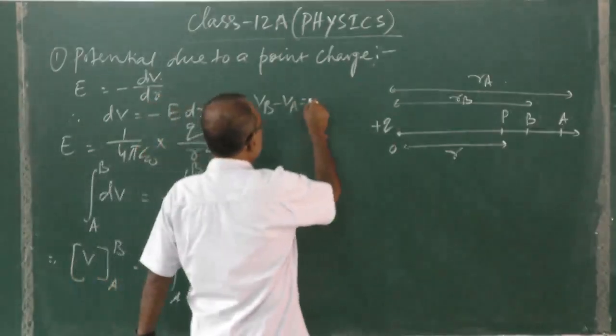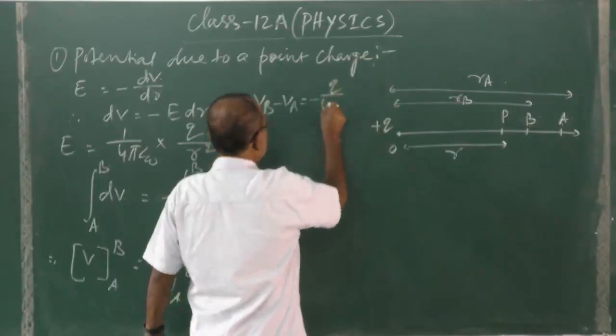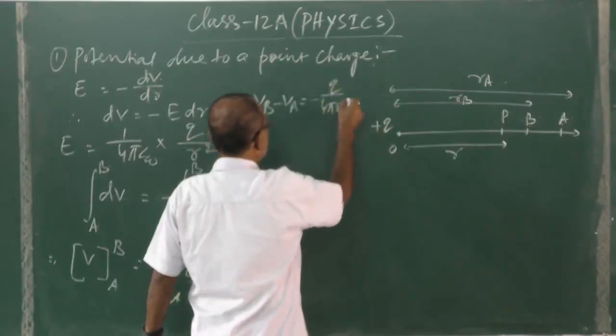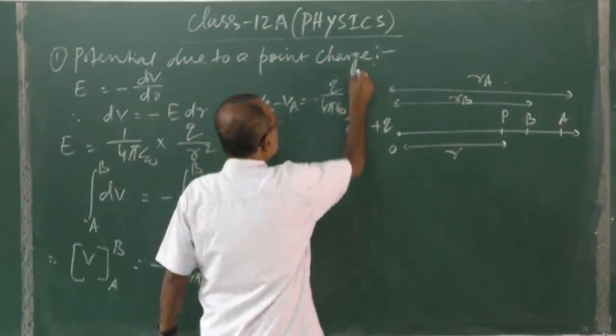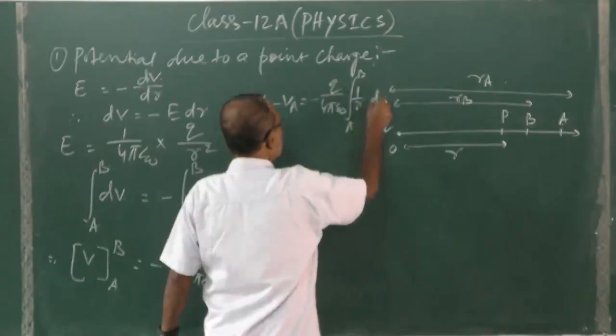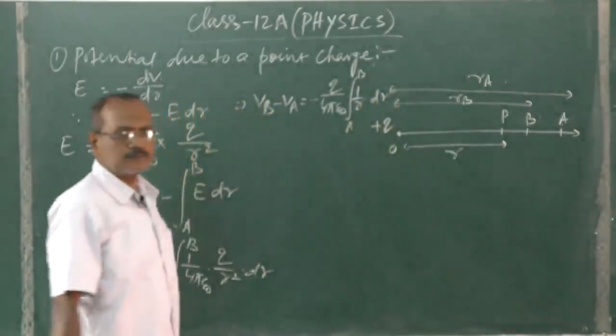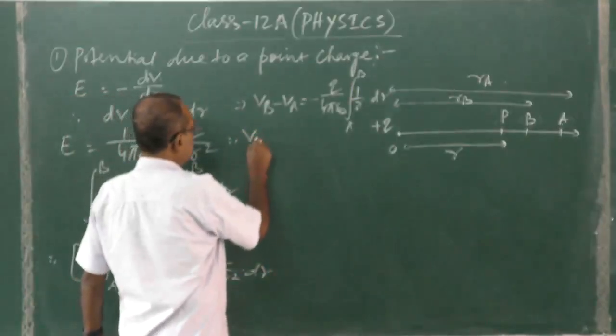This is minus Q by 4 pi epsilon naught outside, the integral from A to B of 1 by R square dr. So this is actually the potential difference.